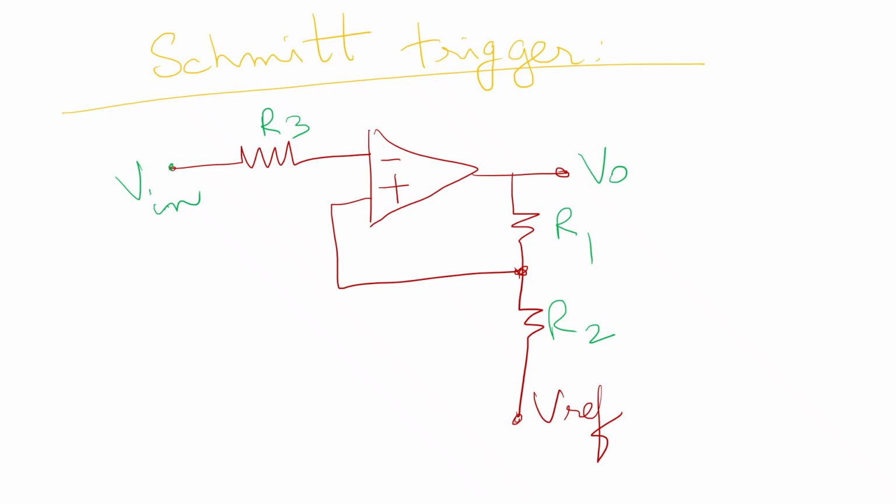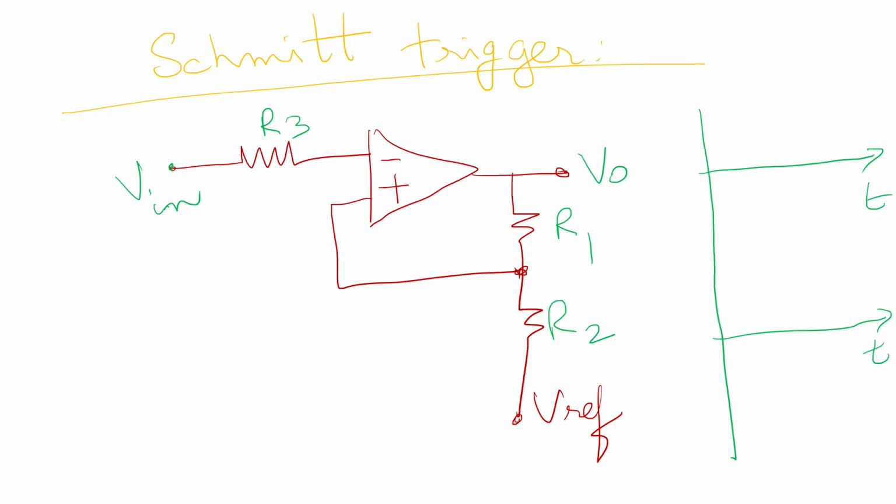The Schmitt trigger generates an output which triggers between two saturation limits, as sort of a comparator.